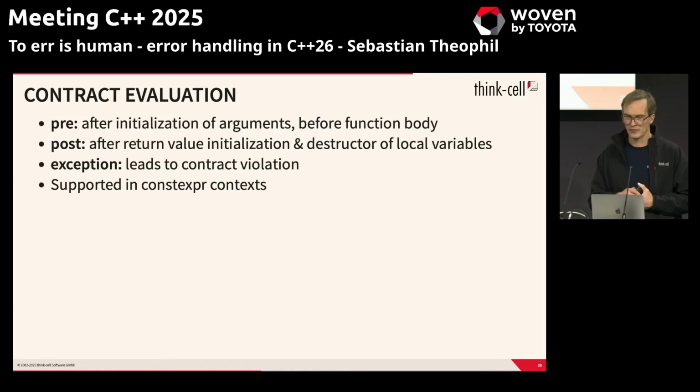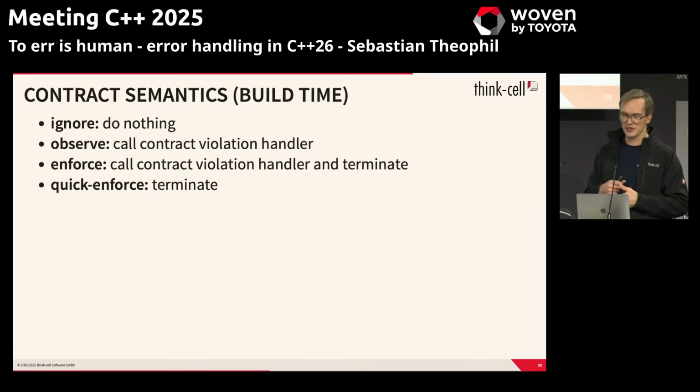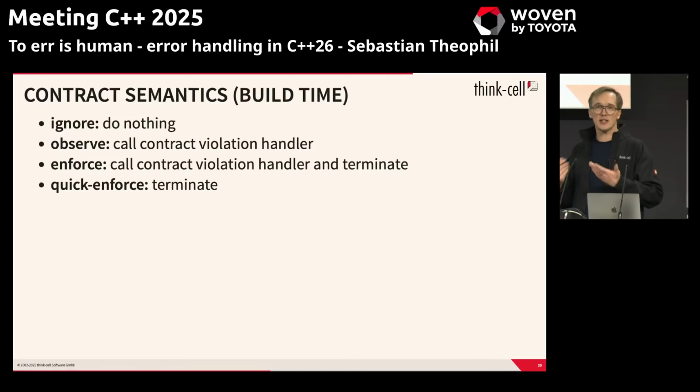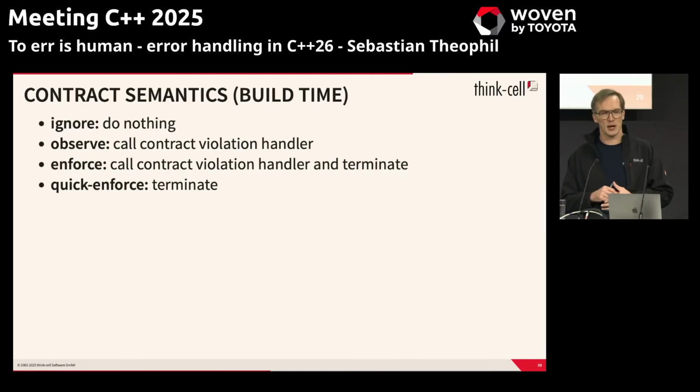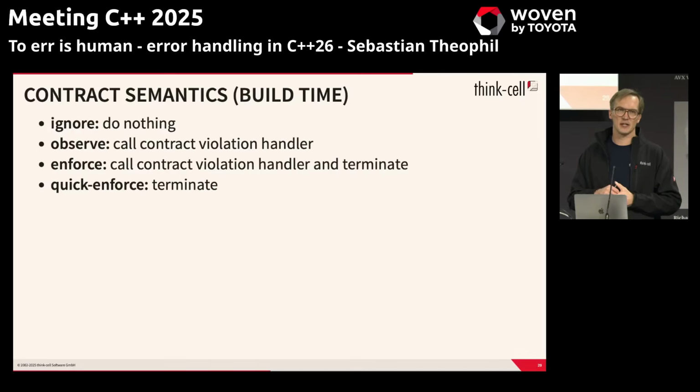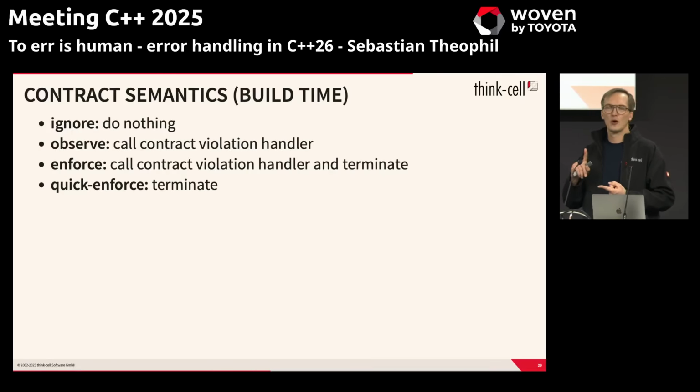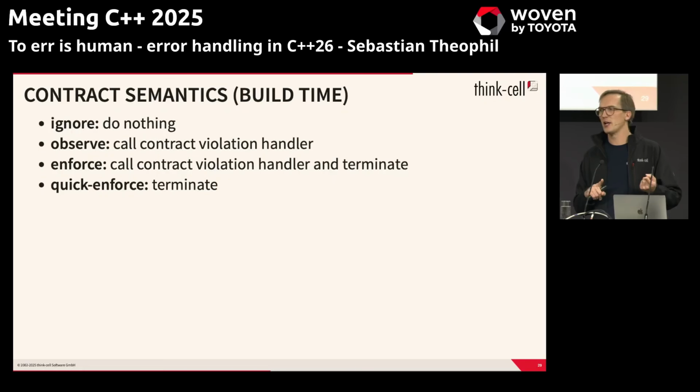What else? But here's the most interesting feature. We can customize their meaning at compile time. And there are 4 different semantics that we can choose from. At compile time, we can say, in case any contract is violated, I want to do nothing. So this is the old assert release behavior.